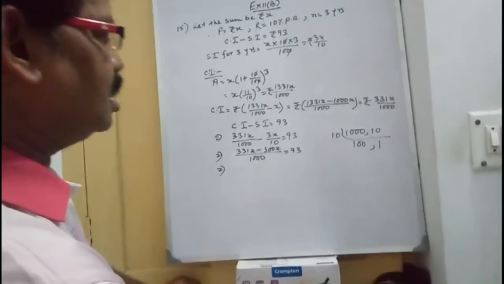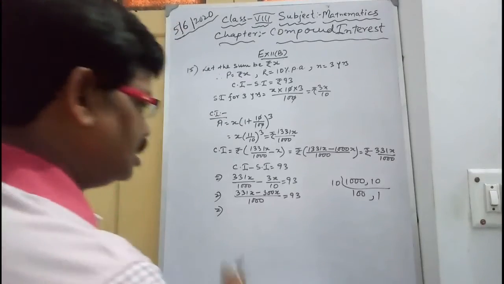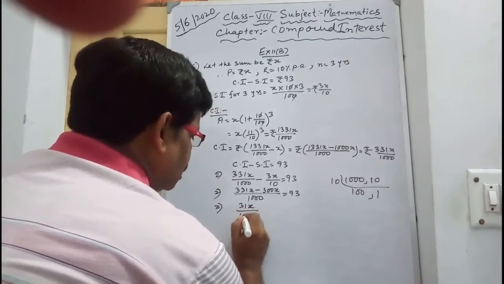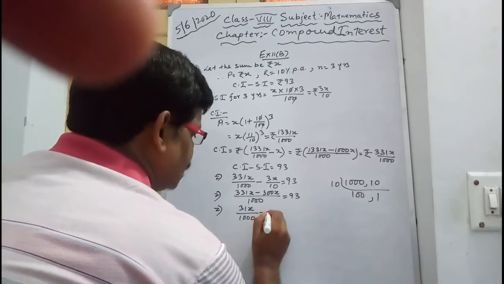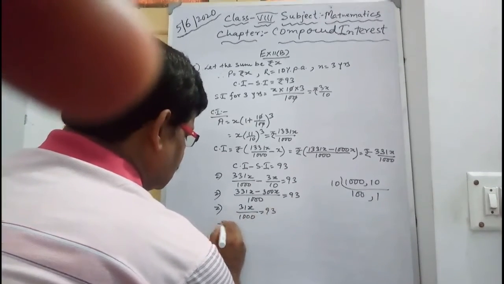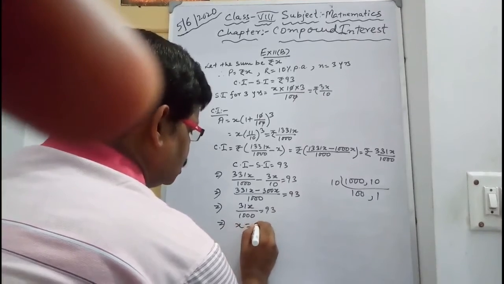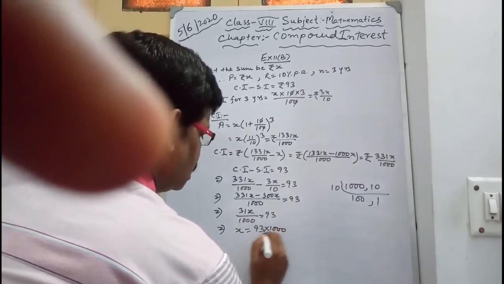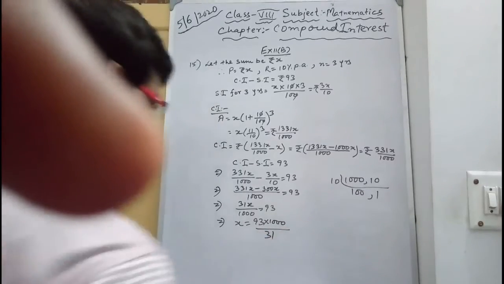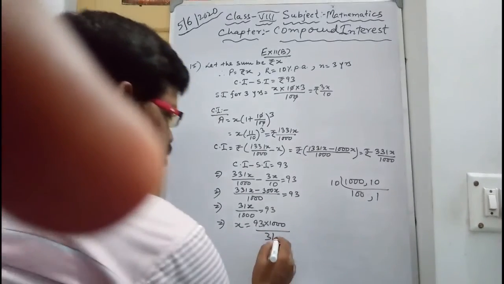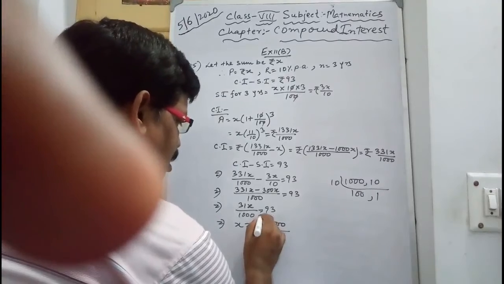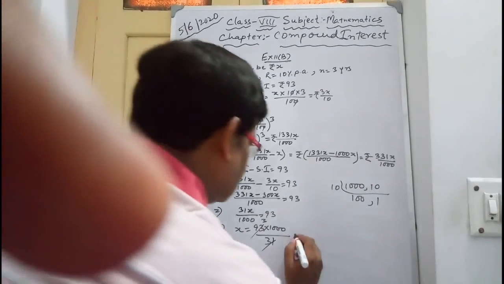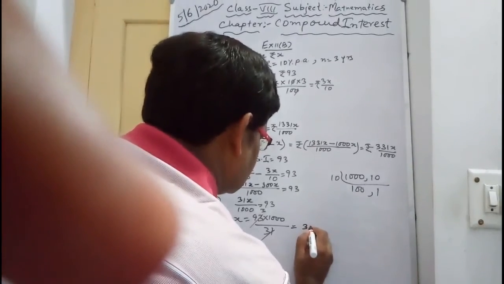Now subtract 331x minus 300x, which is equal to 31x by 1000 equal to 93. So x equal to 93 into 1000 by 31. So 31 3s are 93. So multiply 1000 with 3, that is equal to 3000.